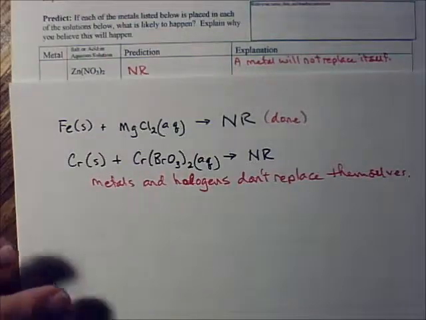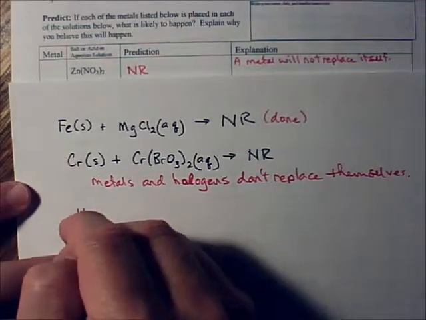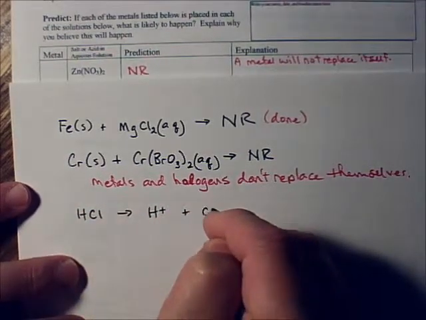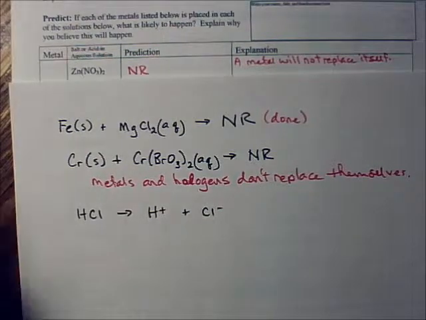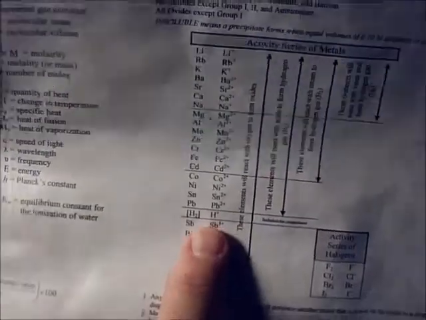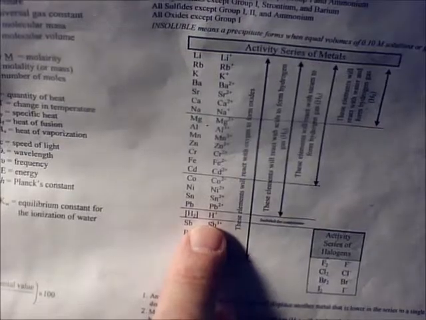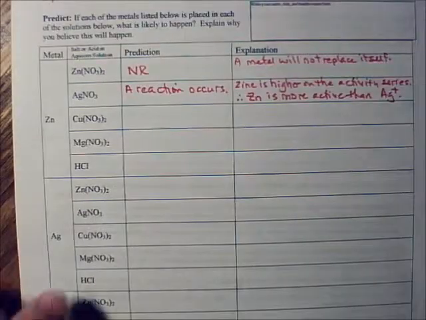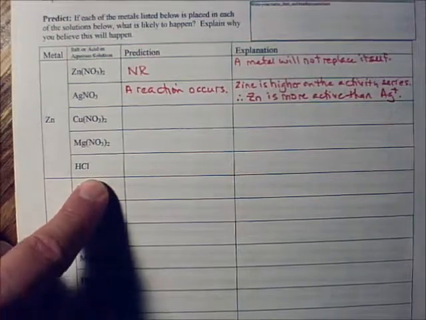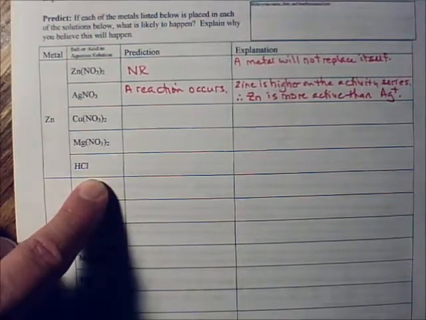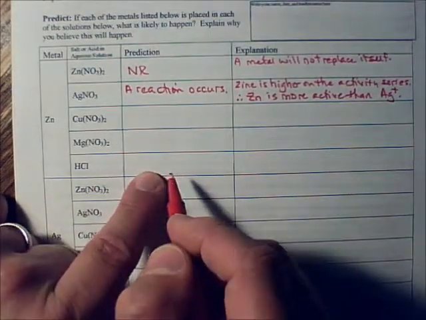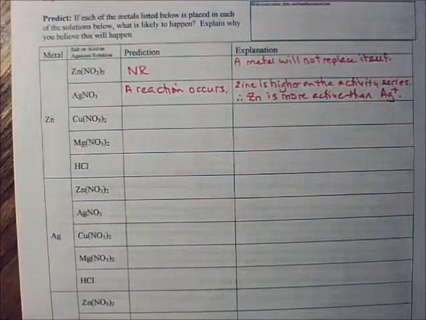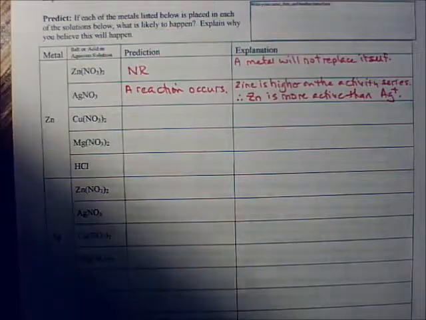Any acid you put in water, according to the Arrhenius theory, breaks up into hydrogen ions and something else. So this right here is the acid. H plus. So is there a reaction here? Is zinc higher than this H plus? So there's going to be a reaction. Why? Explain it.